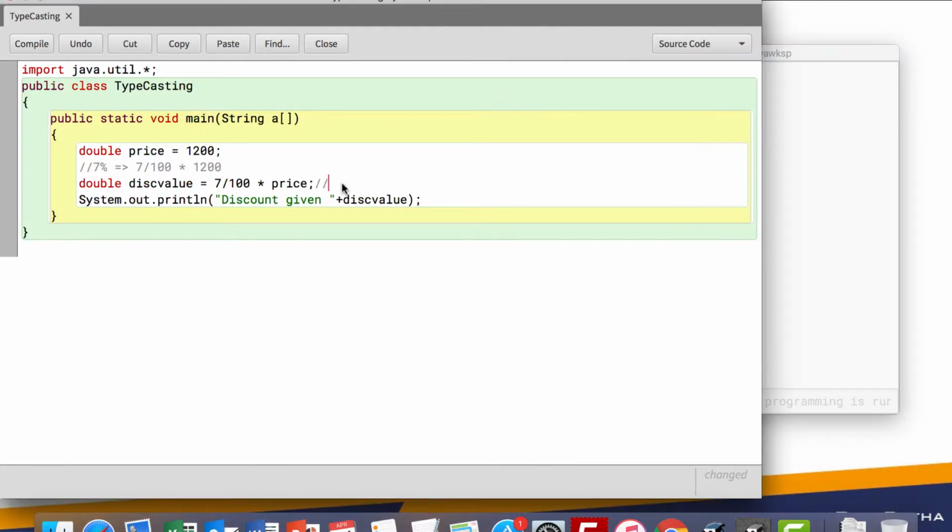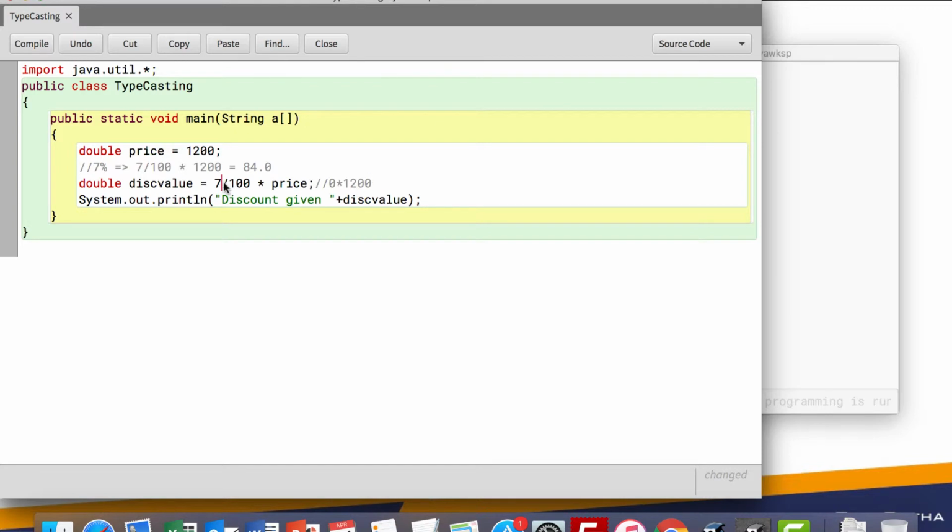Ideally, this should print 7 by 100 into 1200, that should come to 84.0. The reason behind this is that 7 divided by 100 gives you 0 because it's int by int, and then you multiply with the price 1200, so discount given is 0. Definitely this is not something that we are looking for.